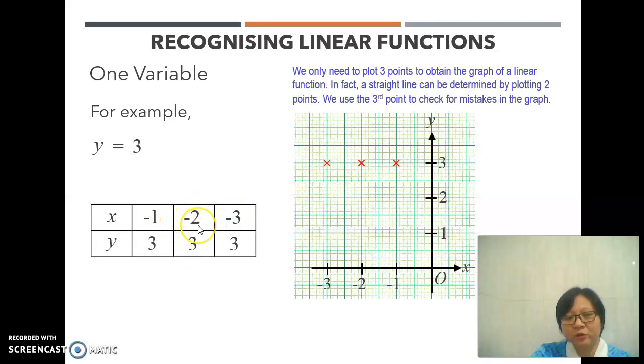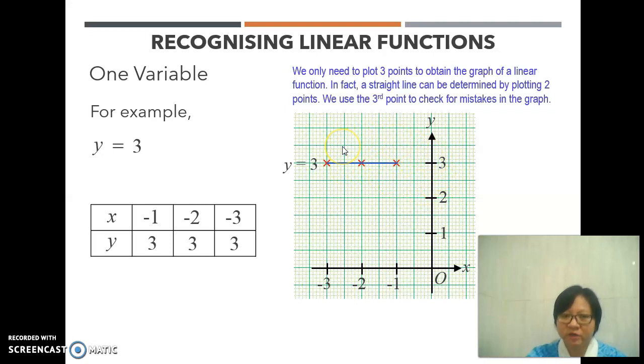It means go to the left 2 steps and climb up 3 steps. And then the third point, -3, 3. It means go to the left 3 steps and climb up 3 steps. And then connect the points. The last step is to label the line: y equals 3. It's a horizontal line.